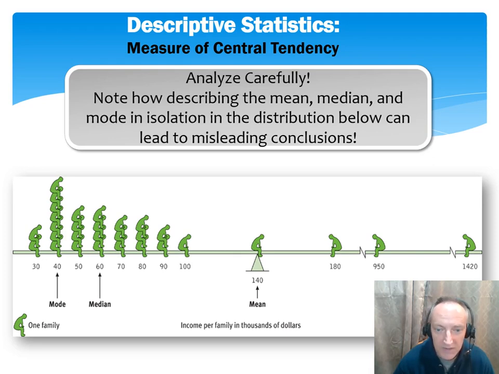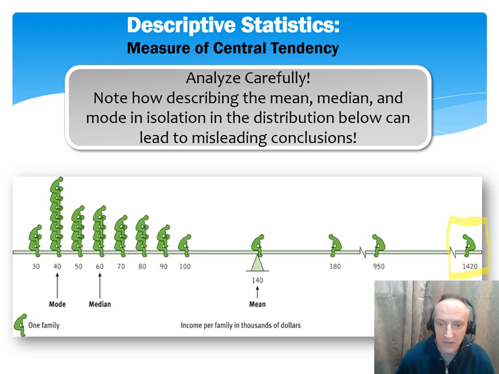So let's say, for example, instead of exercise behavior, I conducted a study about family income. And I gathered all my data, and I have this one millionaire in my sample. And he grosses 1.4 million a year.